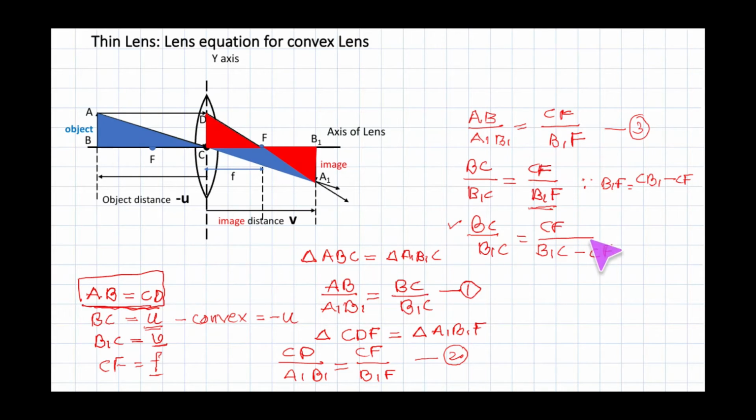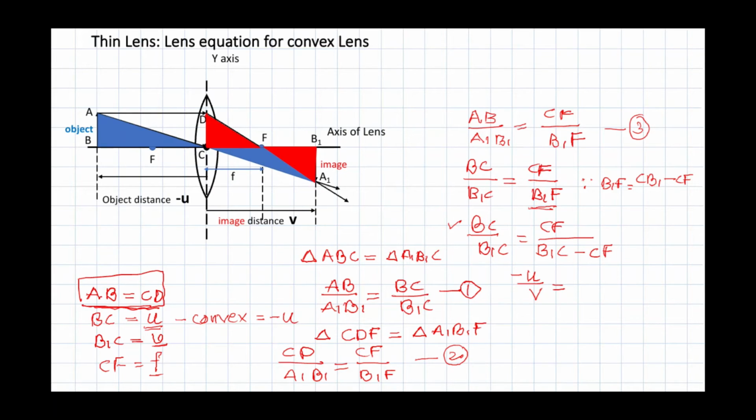So putting this value in this equation, from the figure we get BC is equal to U, but remember that this is minus U. So minus U divided by B1C, that is nothing but V, is equal to CF.